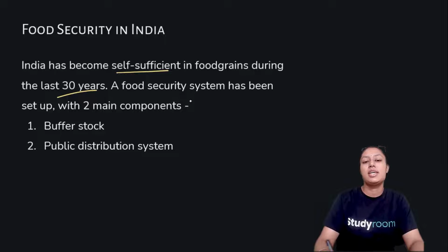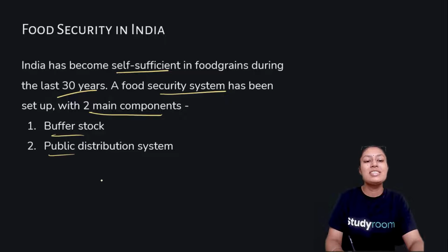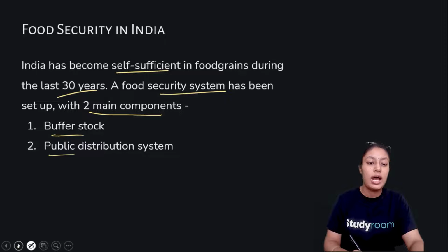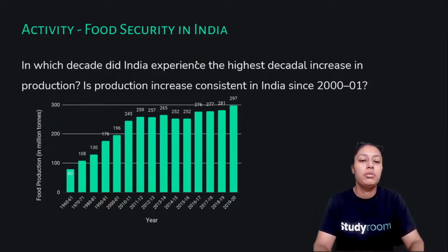The food security system has two major components. We'll study each one of them in detail. First is buffer stock, second is public distribution system. But before digging into that completely, first we'll understand.